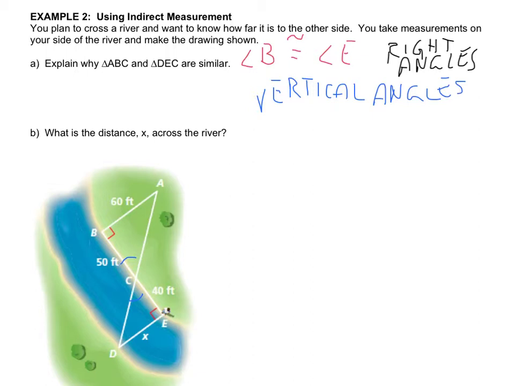So the first one is going to be angle BCA. I start at the 90-degree angle, I go to the C, and then I go back out to the A. So then that, we are saying, is congruent to angle ECD.